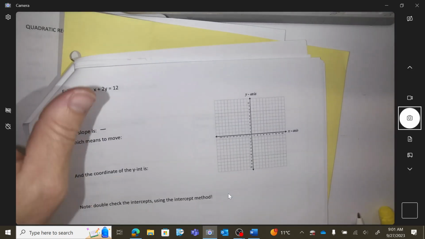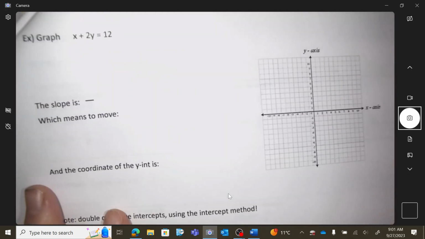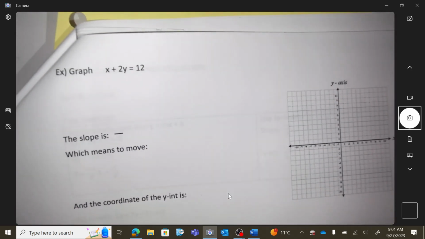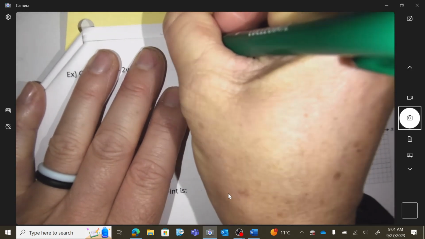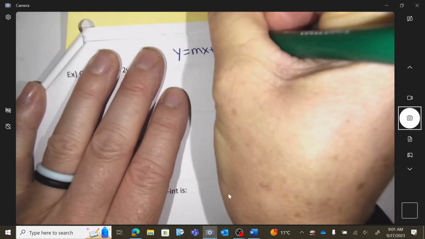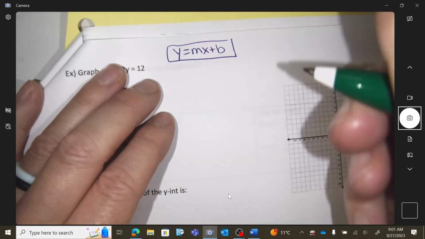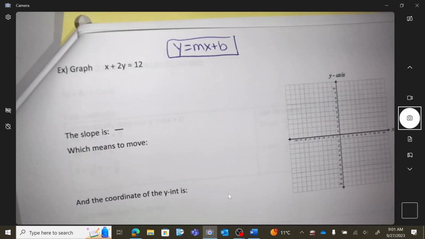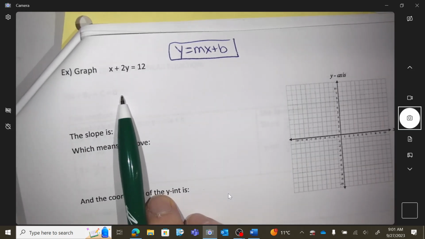Okay, so moving on today, why is it looking a little bit different? I need my equation to look like this. That is the goal: y equals mx plus b. This equation does not.